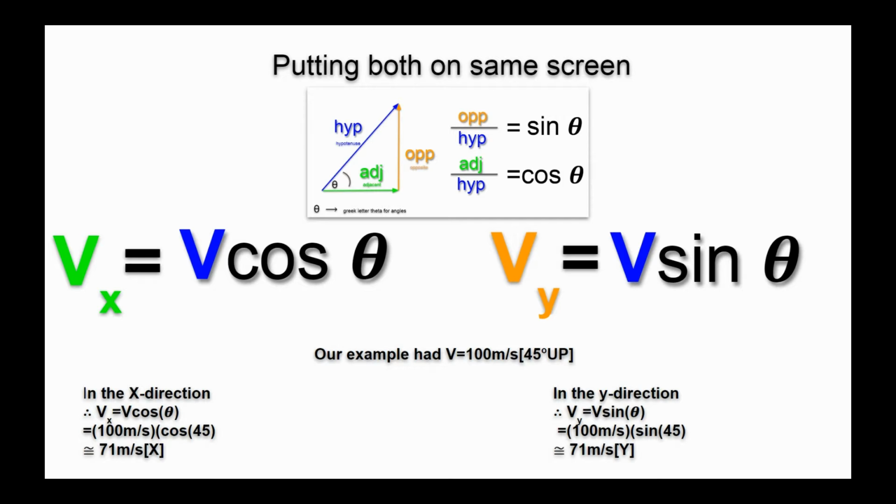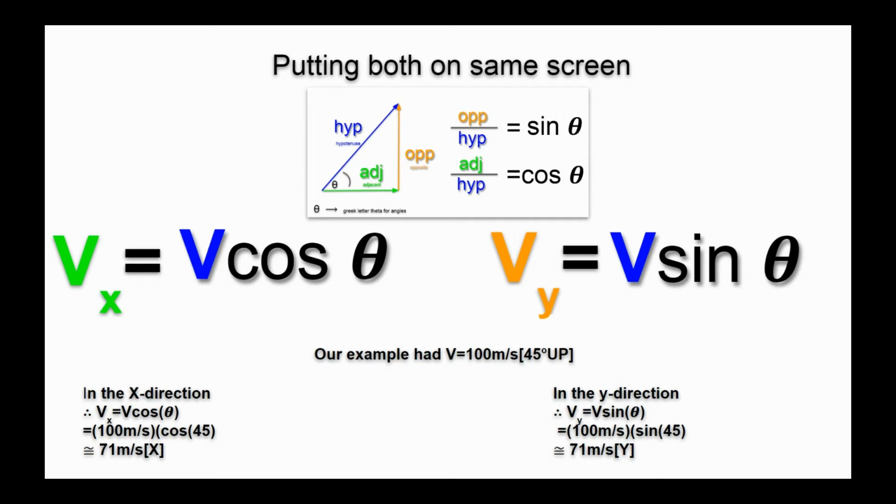So in the X direction, if we carry out the math on the left, you can see that 100 meters a second times cos of 45 is 71 meters a second. And I put X in brackets. I just like to be redundant that way, just to make darn certain I don't swap my X and Y values. On the right side, using sine theta, we also get 71 meters a second in the vertical.